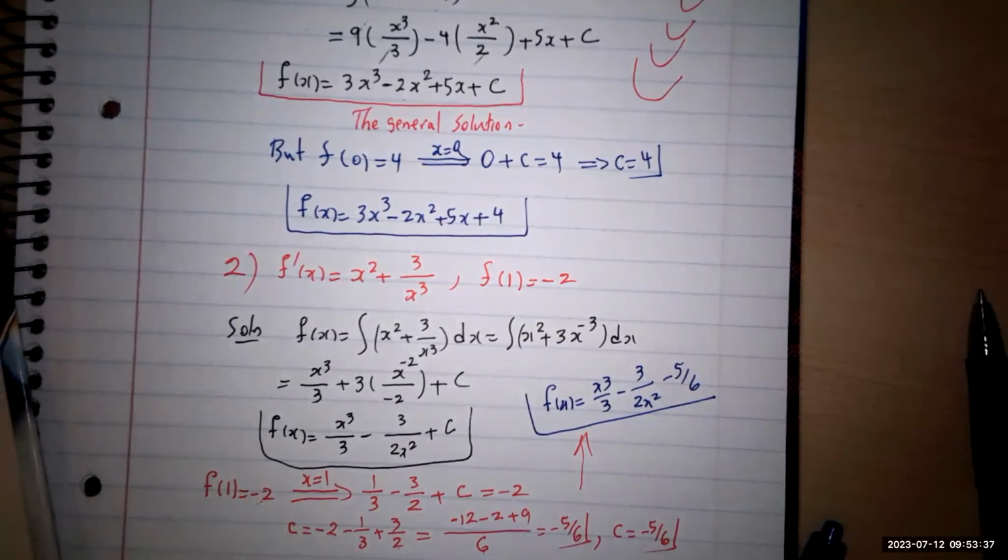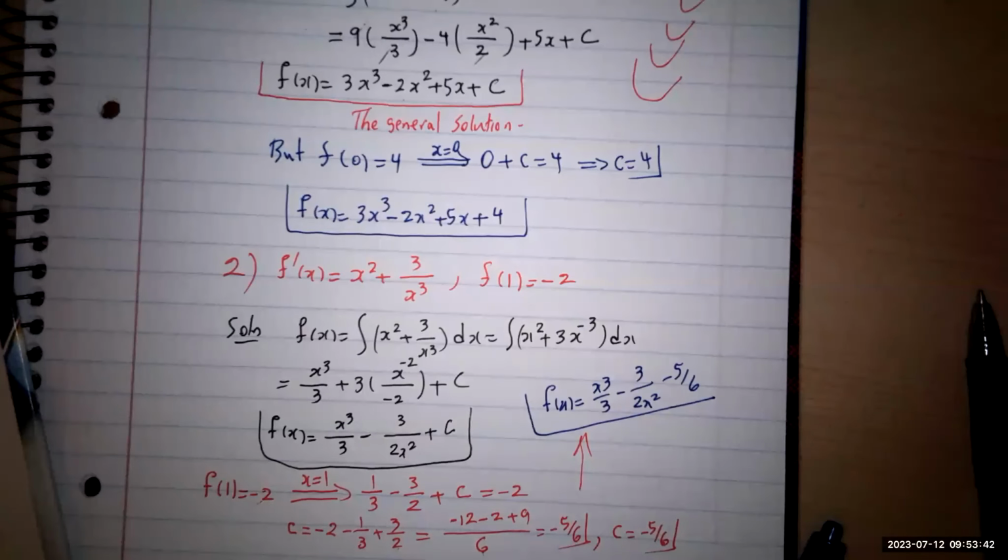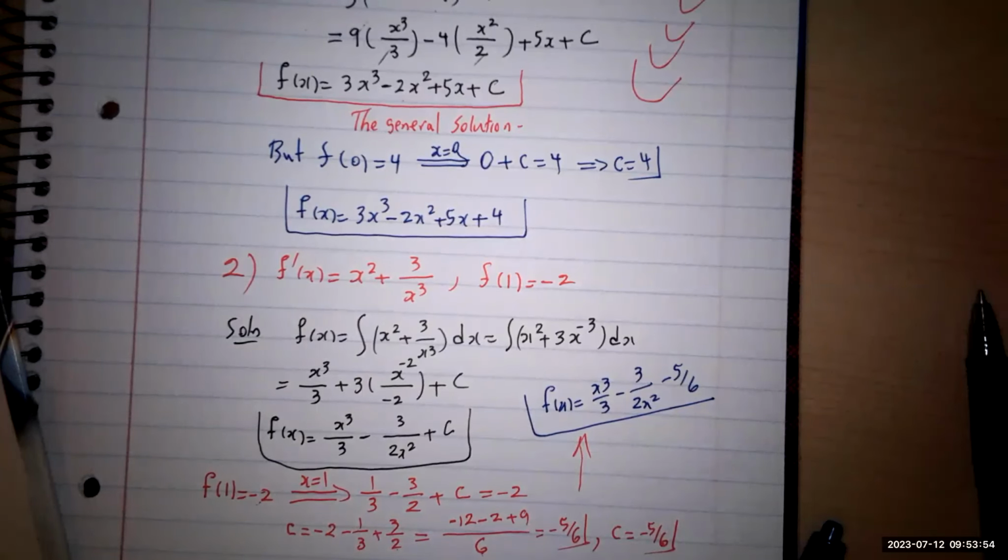You see, f prime is the velocity. If you differentiate it again, f double prime would be acceleration. Sometimes that acceleration would be given to you and they ask you to recover the function.